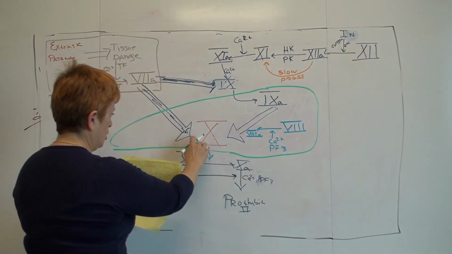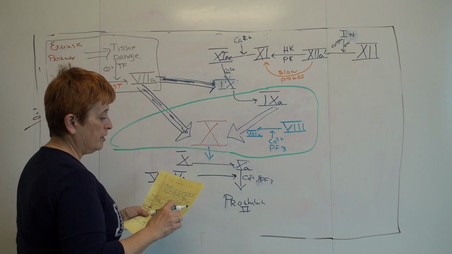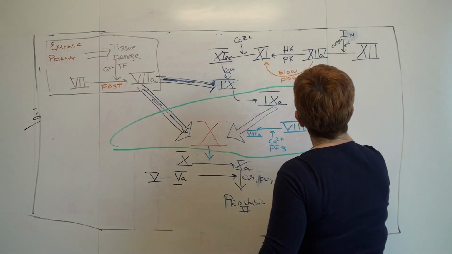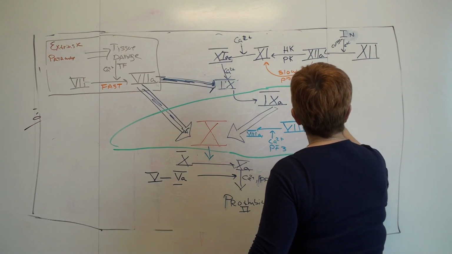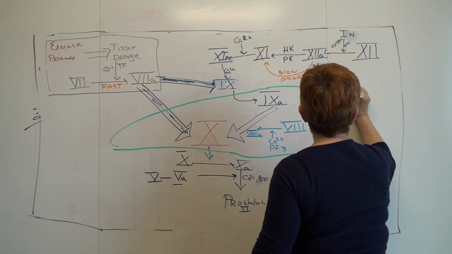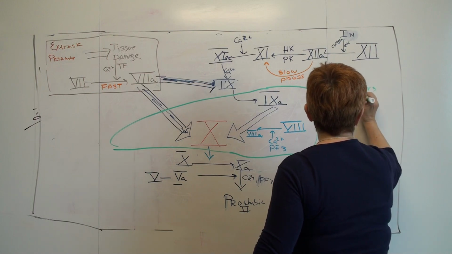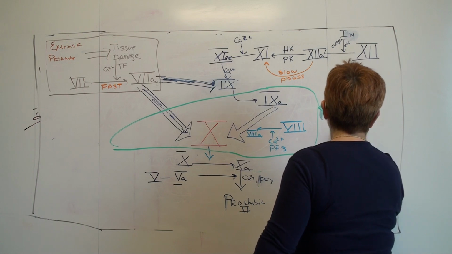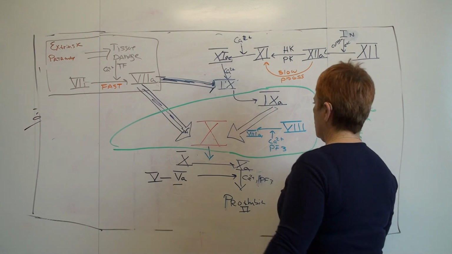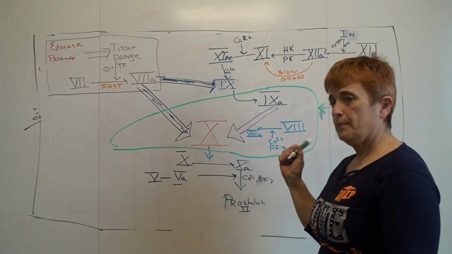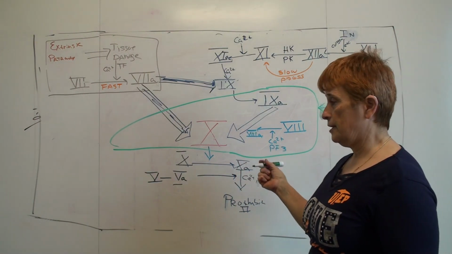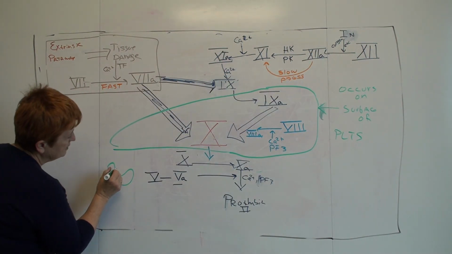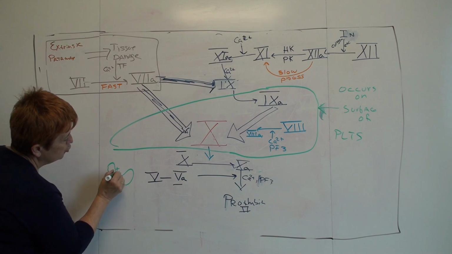This part here occurs on the surface of the platelets. So this occurs. Now remember that I told you guys that when I drew my little platelet like this, in here I said I love 10 and 2.